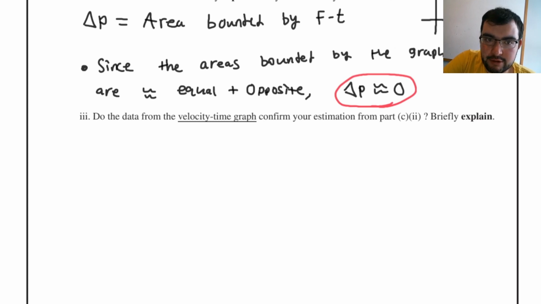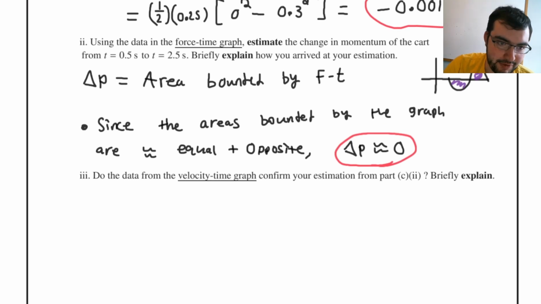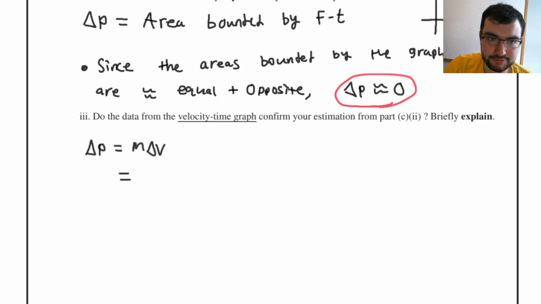Do the data from the velocity time graph confirm your estimation? Well, this is even easier using impulse momentum theorem. So impulse is obviously the force time area, but more explicitly, it's just m times delta v. So our mass is still 0.25 kilograms.